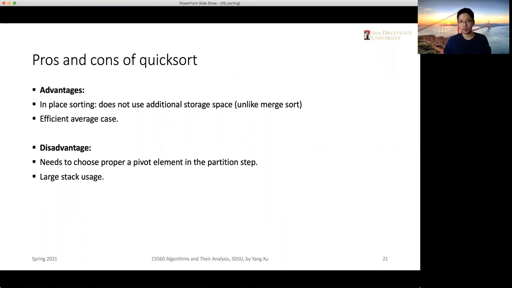All right, let's finish this slide for quicksort, and then we can go to the next sorting algorithm.